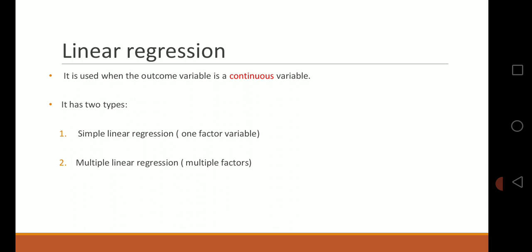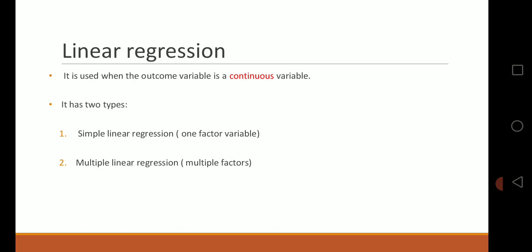What does that mean, or which data does this test assess or use? It's used when the outcome variable is a continuous variable. When the outcome variable is a continuous variable. So, what is the outcome variable?